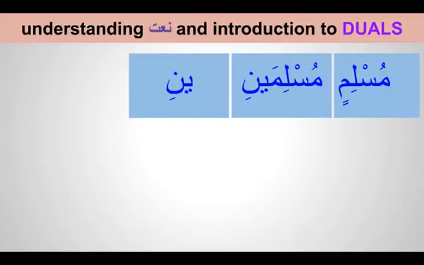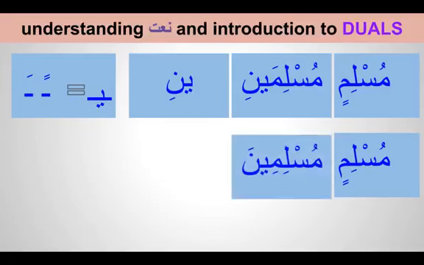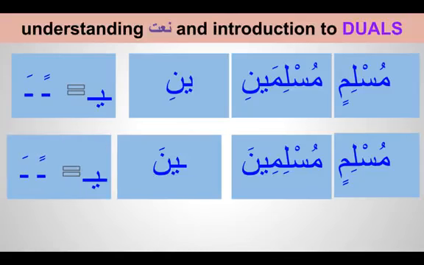Ya and noon with kasra is added, and ya is the sign of majroor, muslimaini. If it is a plural noun, we'll say muslimina, and here ya and noon is a sign of majroor.